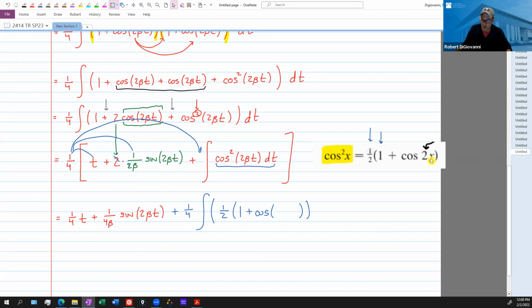We want to double whatever the argument was. So 4 beta t this time. We're doubling 2 beta t, so it becomes 4 beta t. If that was a 3 beta t, it would now become 6 beta t. If it was a 10 beta t, it would become 20 beta t, right? You're doubling whatever the argument is. So 4 beta t dt.